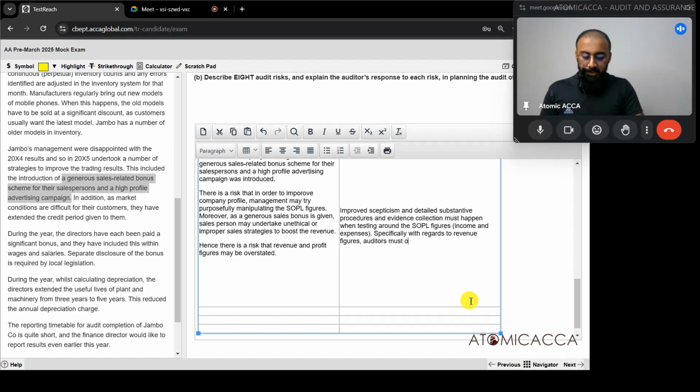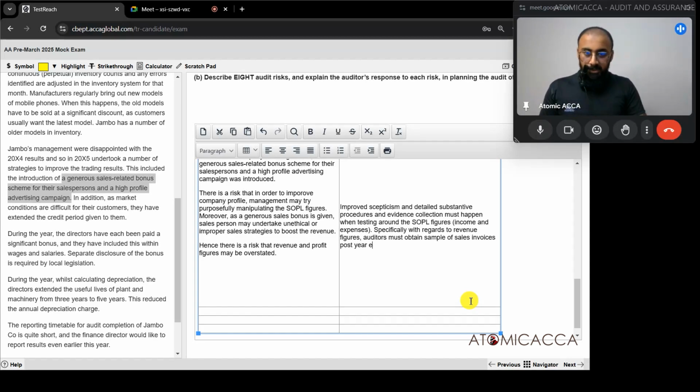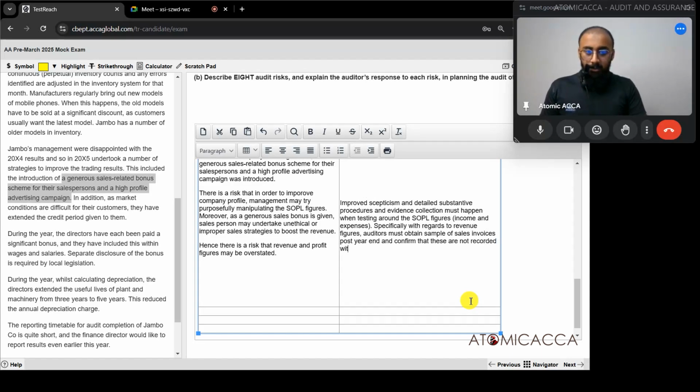Regards to revenue figures, auditors must obtain a sample of sales invoices post year end and confirm that these are not recorded within SOPL.